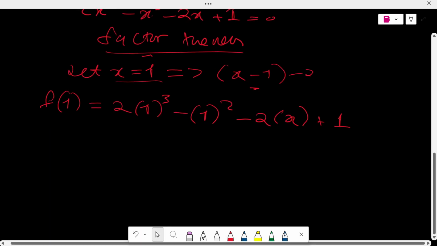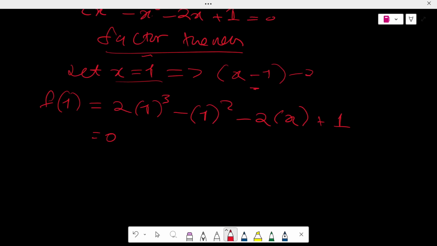If you check from your calculator, you find that this will give you 0. Let's just do it: this will be 2, then 1, then 2, then plus 1. So 2 and 2 cancel each other, and so we have a 0. This means x minus 1 is a factor.